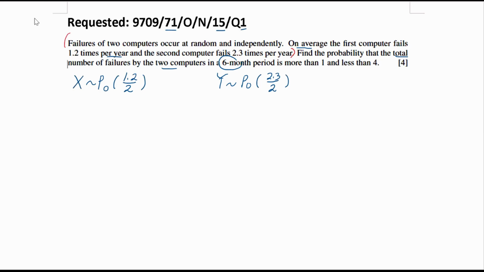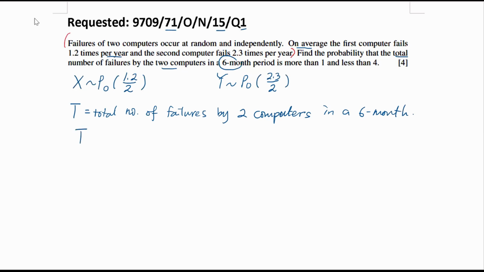Now, what we're trying to get is T, the total number of failures by the two computers in a 6-month period.